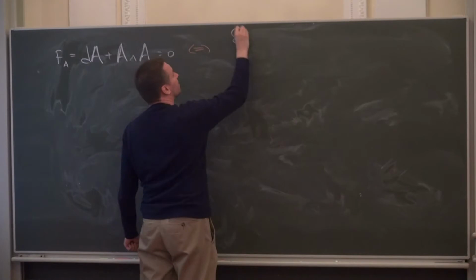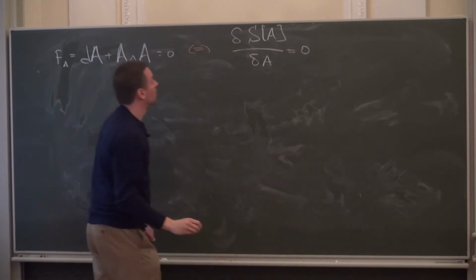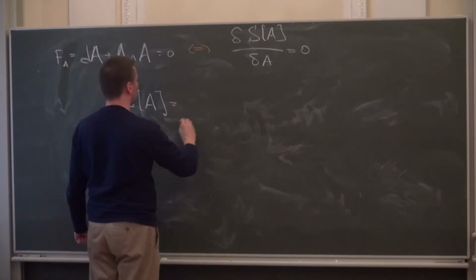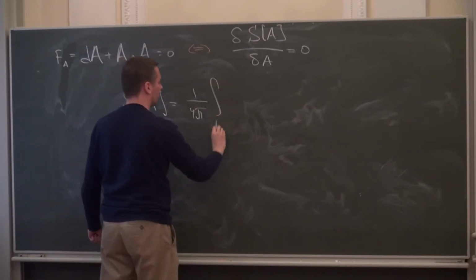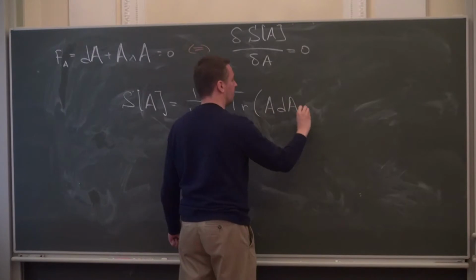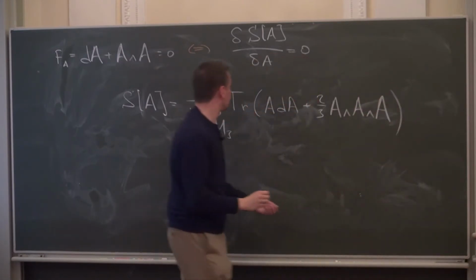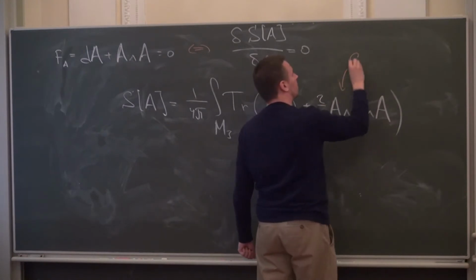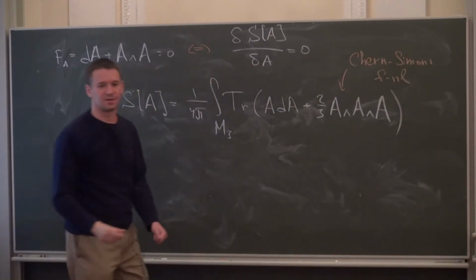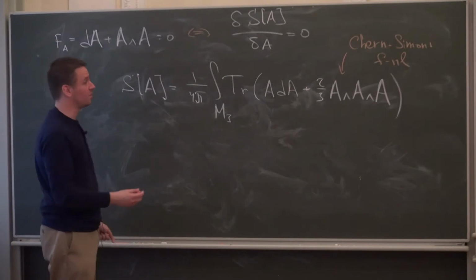It's an equation where you have the so-called Chern-Simons functional S of A, and S of A has this famous form: 1 over 4 pi integral over the 3-manifold of trace of A dA plus 2/3 A wedge A wedge A. This functional is called the Chern-Simons functional. And that's the reason why this topological theory that we're developing on 3-manifolds is called Chern-Simons theory, because it's based on PDEs that follow from this functional.